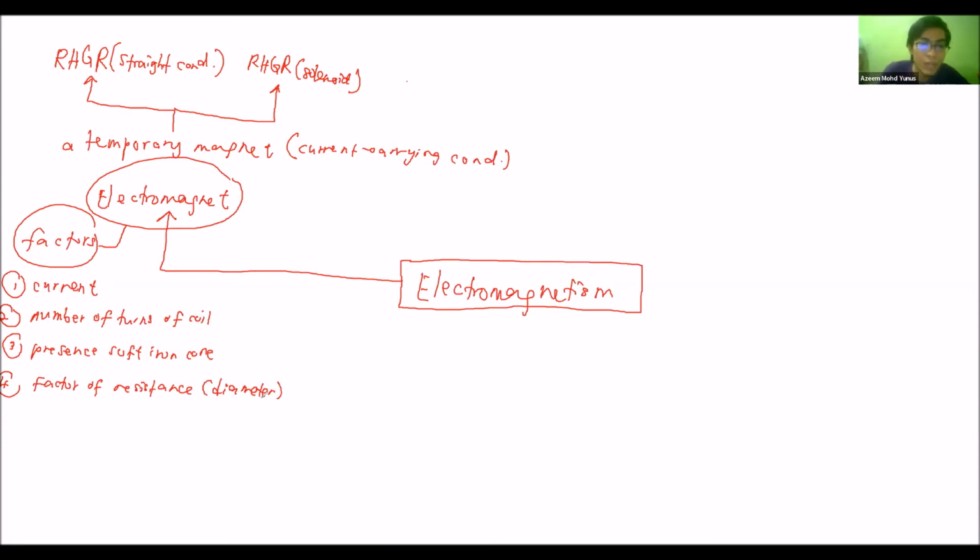Okay, application. A lot. Metal crane and also relay.